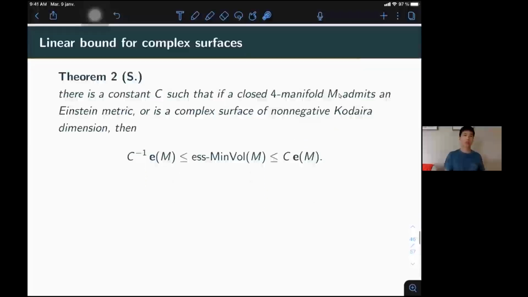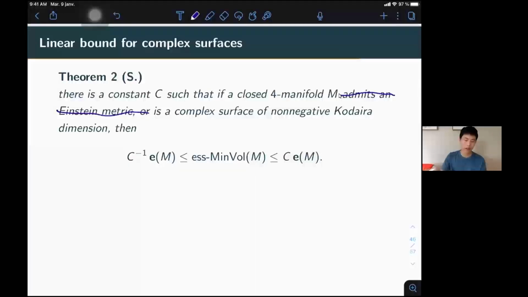So what's interesting then is you can apply this result about Einstein four-manifolds to another well-studied family of four-dimensional manifolds, complex surfaces. So this is an extension of the previous result, and you can ignore Einstein metrics because we already talked about this.